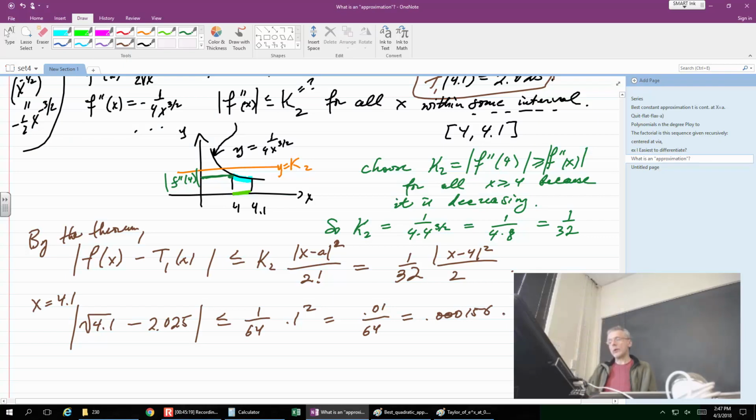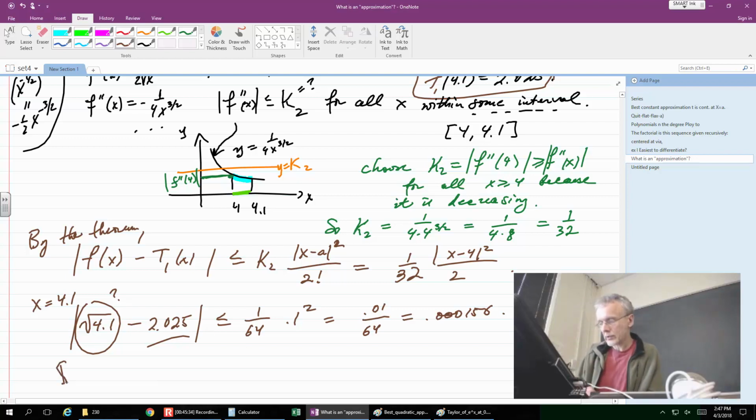So that's how close this number is to the truth, or not exactly how close. It's not literally the distance between the two numbers. We don't know what this is. This is still an unknown number, so how do we interpret this conclusion?